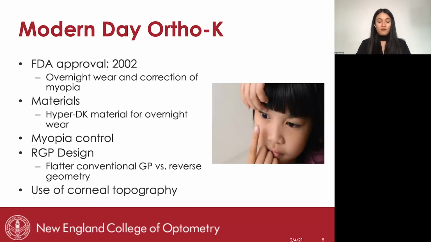So that's been excellent in helping us understand the corneal shape and the effects of Ortho-K treatment. It's helping us to monitor changes that are occurring overnight. The best way to tell how that lens is positioned overnight is to evaluate it using the corneal topography. So that is something that we're using almost exclusively when it comes to the follow-ups.